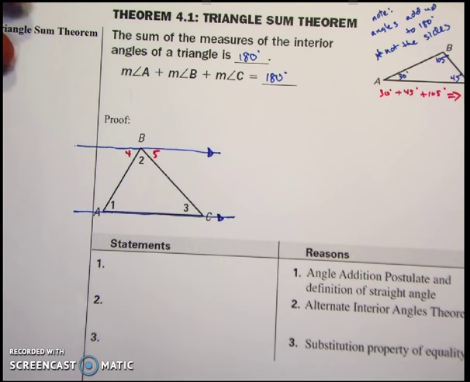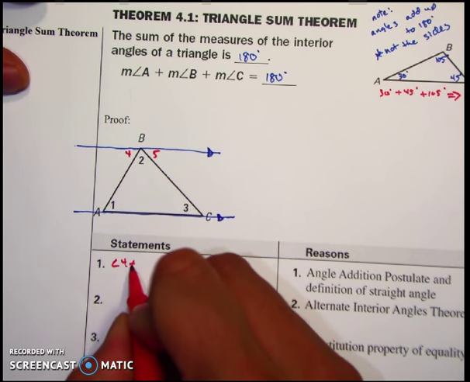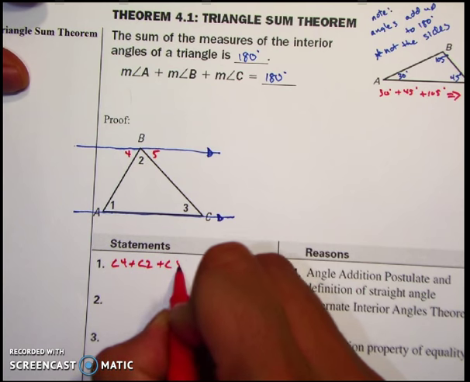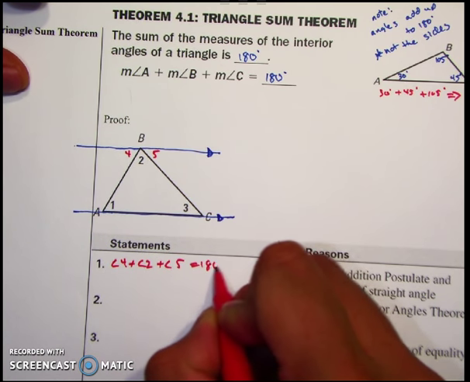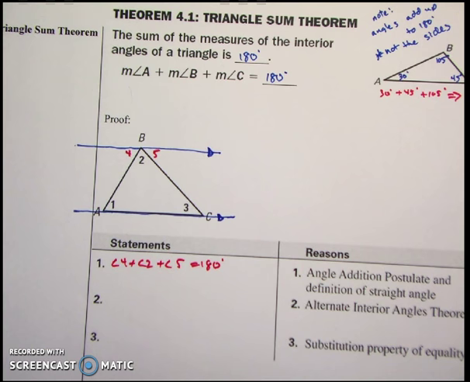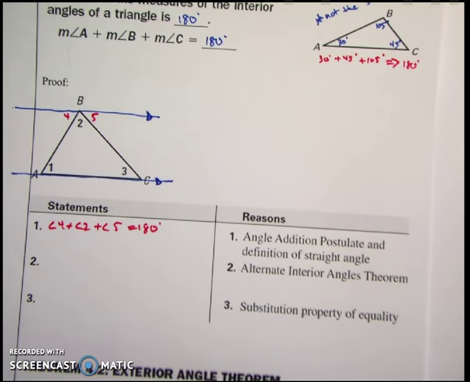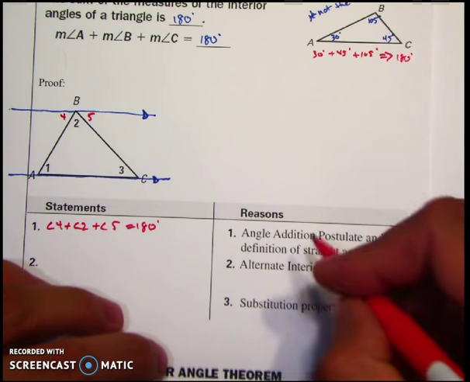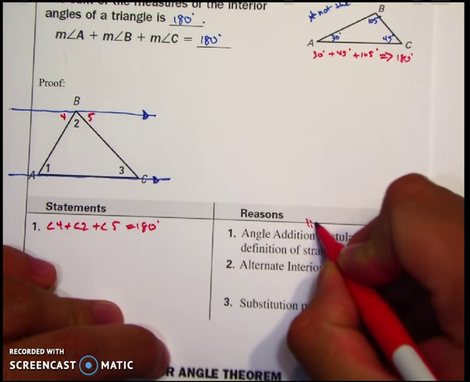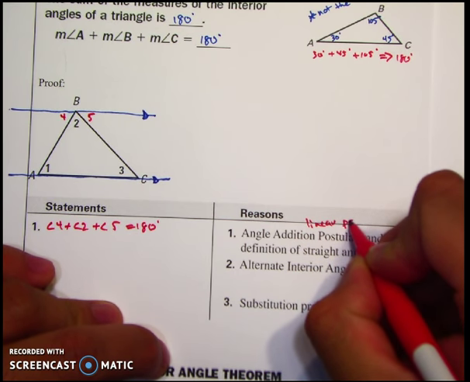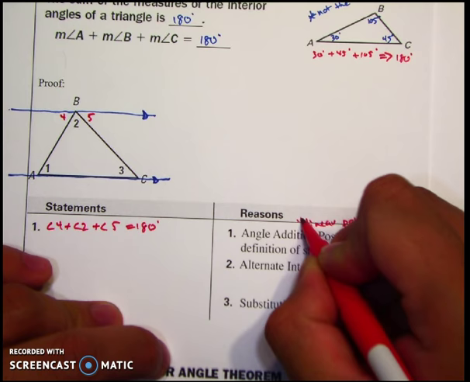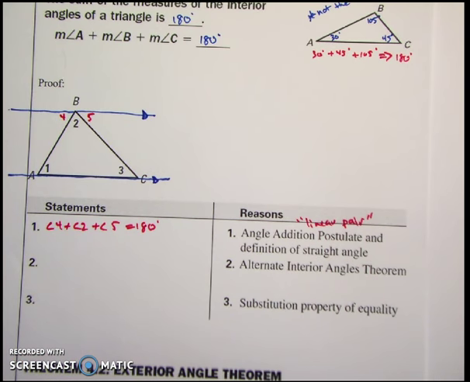So angle 4 plus angle 2 plus angle 5 is equal to 180 degrees. We can say angle addition postulate plus the definition of a straight angle, but really we call this the linear pair. That's the closest definition you can think of, because on a straight line, those three angles together give you 180 degrees.